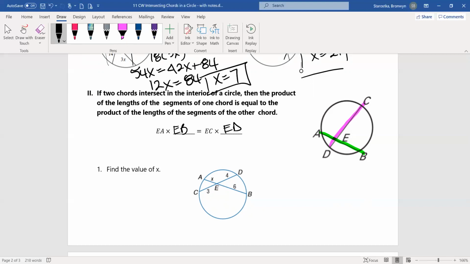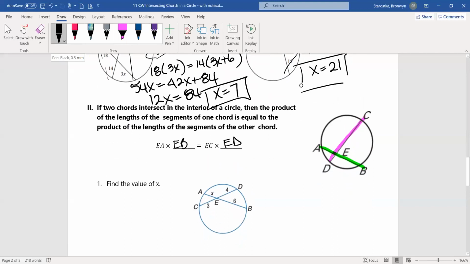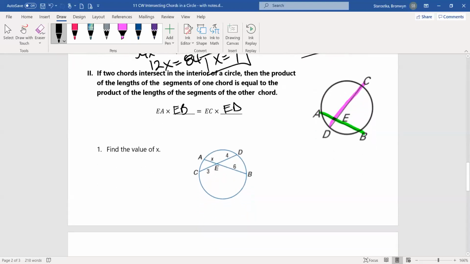So we can just skip the proportion and know that we'll be multiplying correctly if we just multiply the chord length. So let's do this one together. Instead of drawing triangles, I'm going to say directly x times 6 equals 4 times 3.